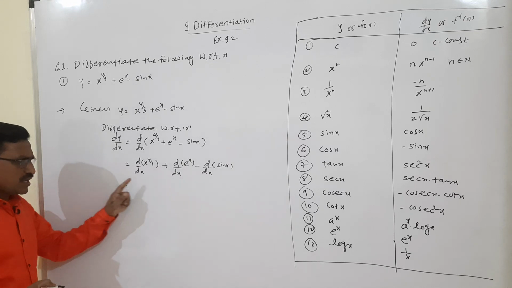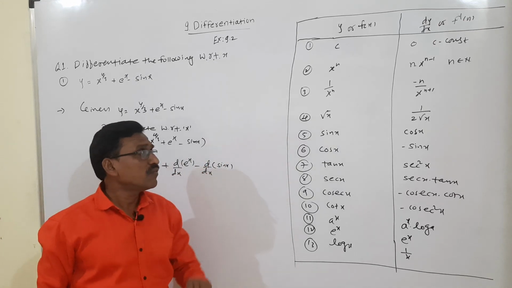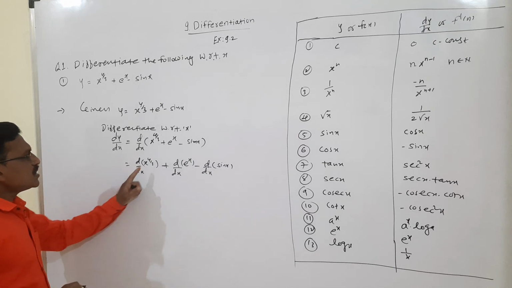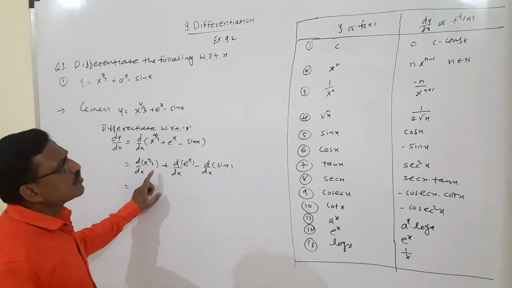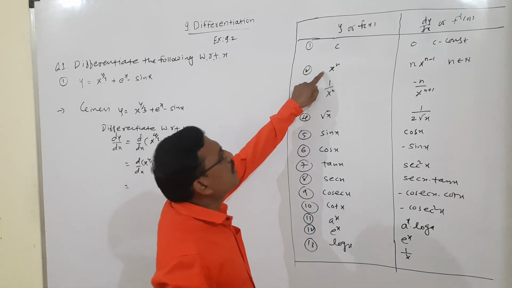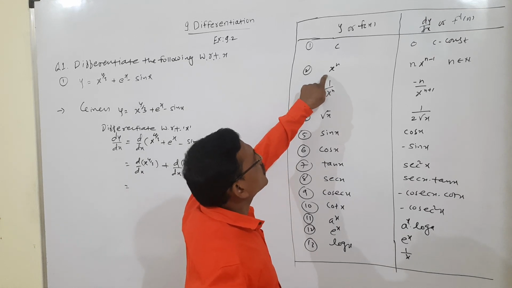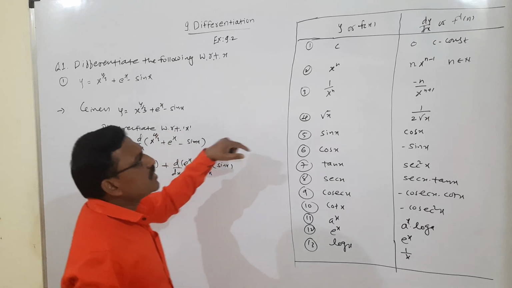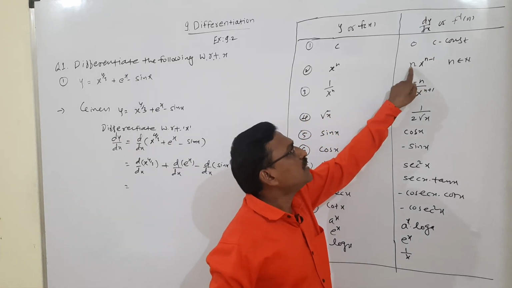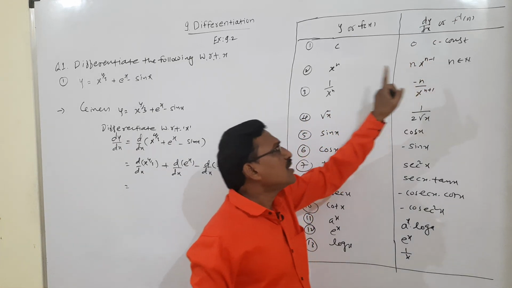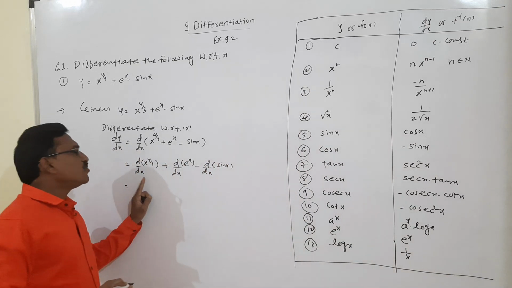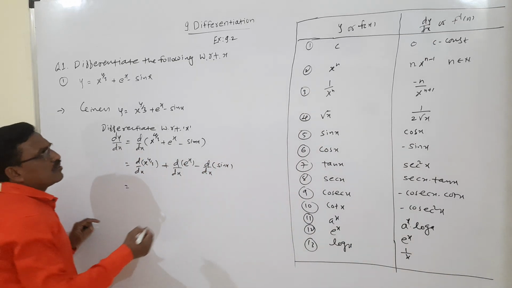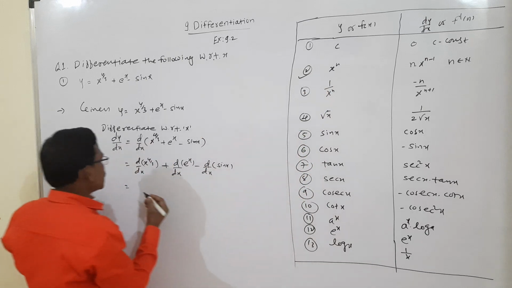So we take the derivative by using this formula. x raised to 4 by 3 means we have to use the second formula, power function or algebraic function, x raised to n. Here n is 4 by 3, then its derivative is n into x raised to n minus 1, that is 4 by 3 into x raised to 4 by 3 minus 1.